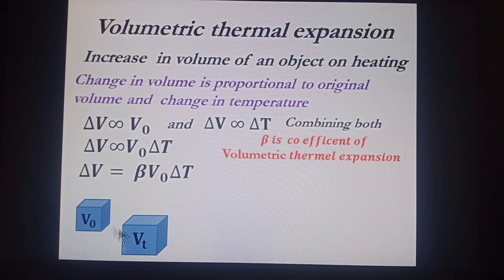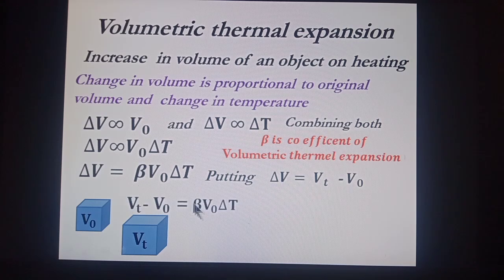Now what will be the change in volume? This bigger volume minus the initial volume. Volume after heating minus volume before heating. So this will give us the change in volume. Putting this value of change in volume in this equation, what we get?